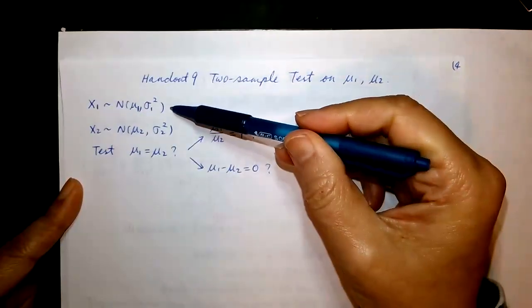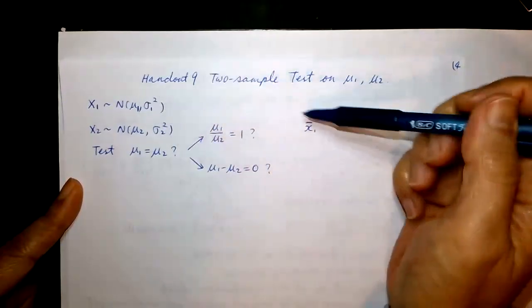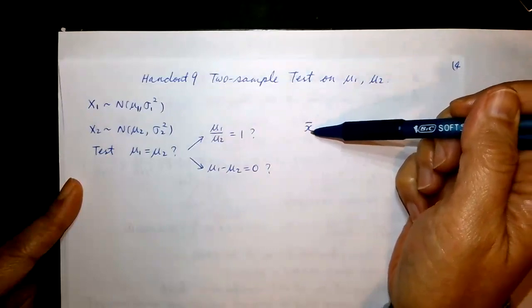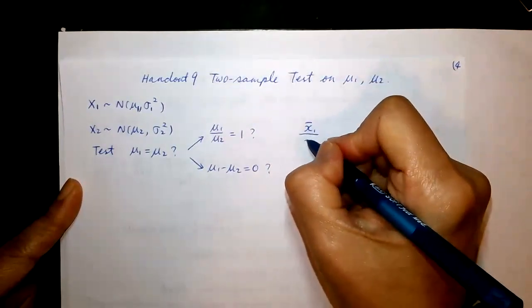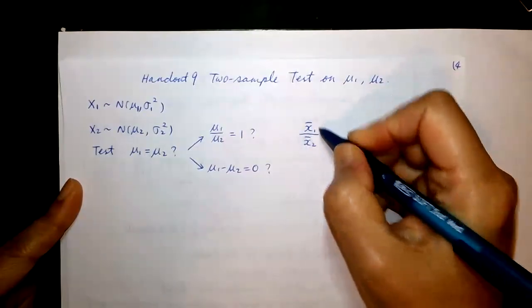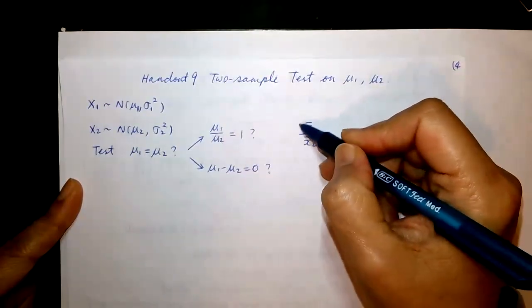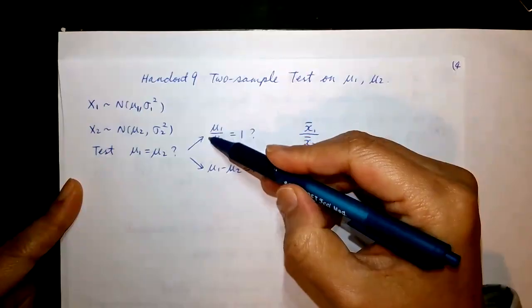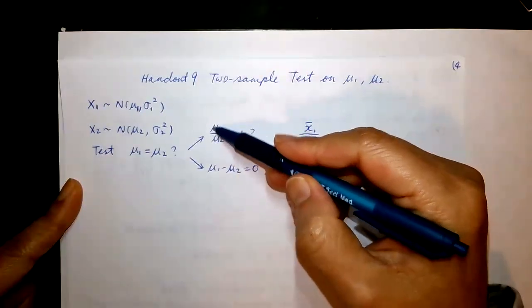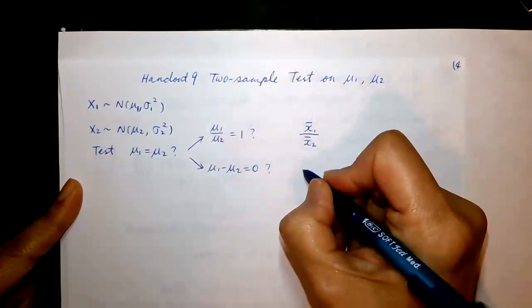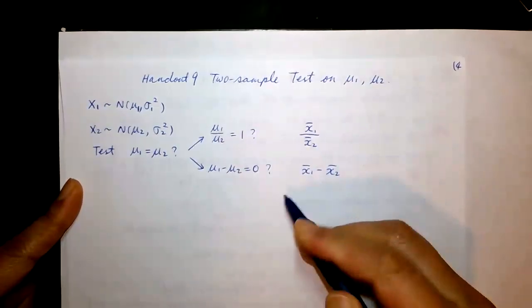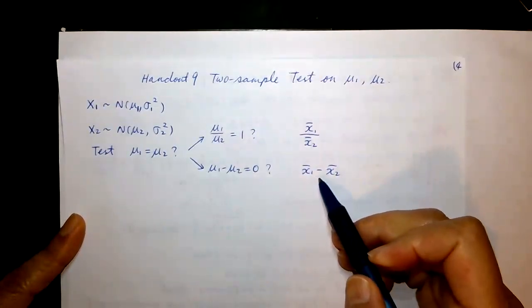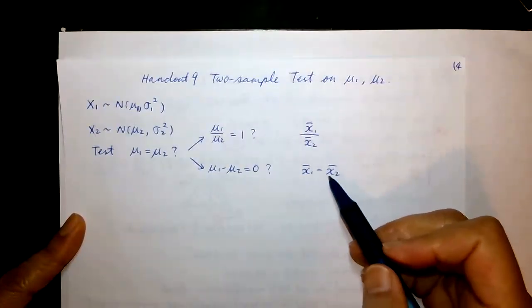So x1 bar is a group of boys I collect from this population. I get the group of boys' height divided by a group of girls' height. This would be a good estimate for the ratio of the population means. I write in the same for the second case.